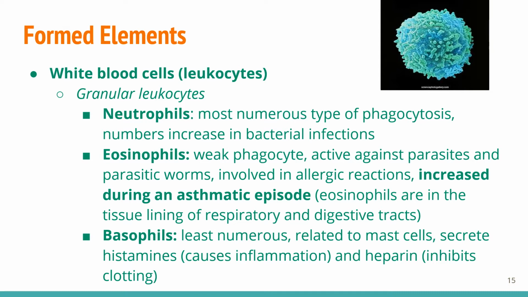So your granular leukocytes will stain, and we have the neutrophils. They're the most numerous type, and they perform phagocytosis. Phagocytosis is when they surround the infection and destroy it. So your neutrophils are going to increase with a bacterial infection.